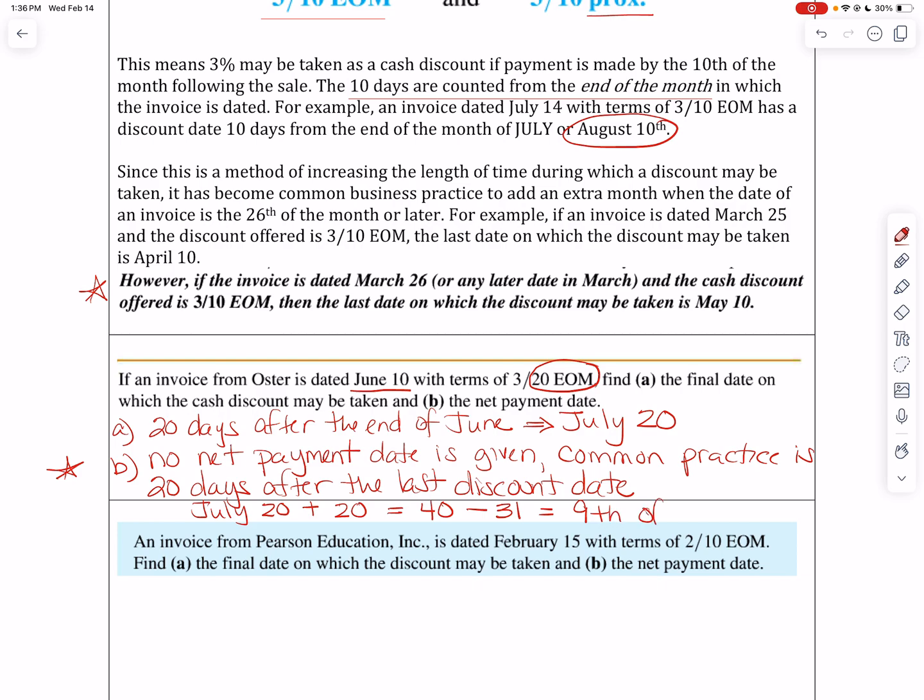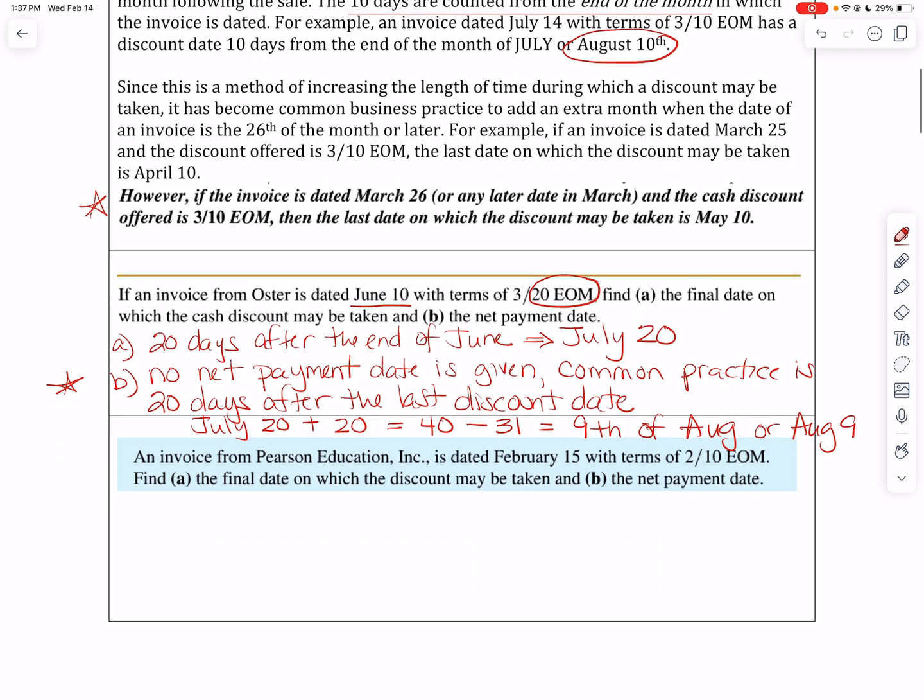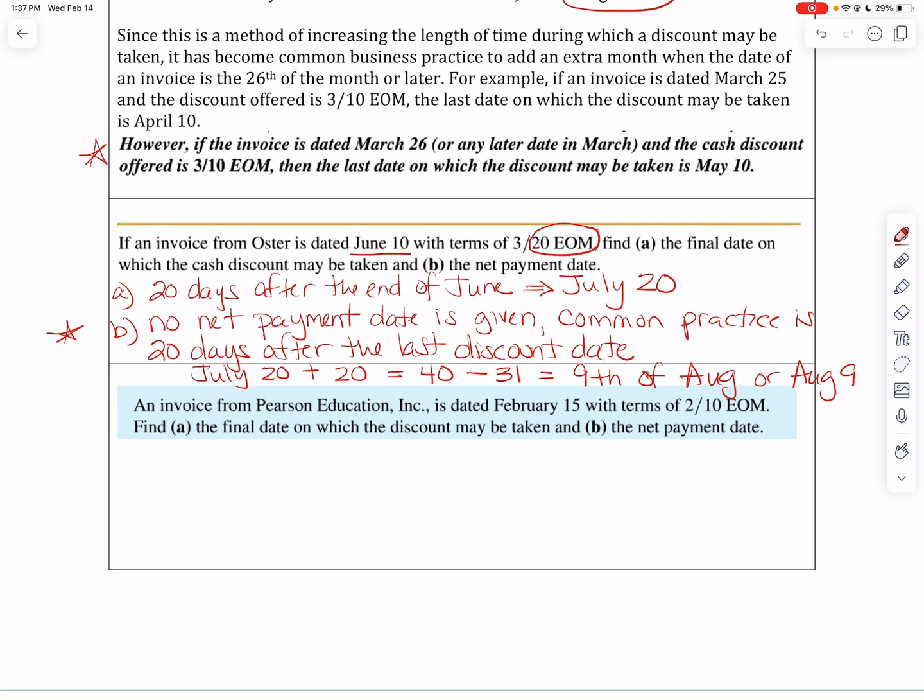So the 9th of August, or August 9th, would be our net payment date. All right, the next one.